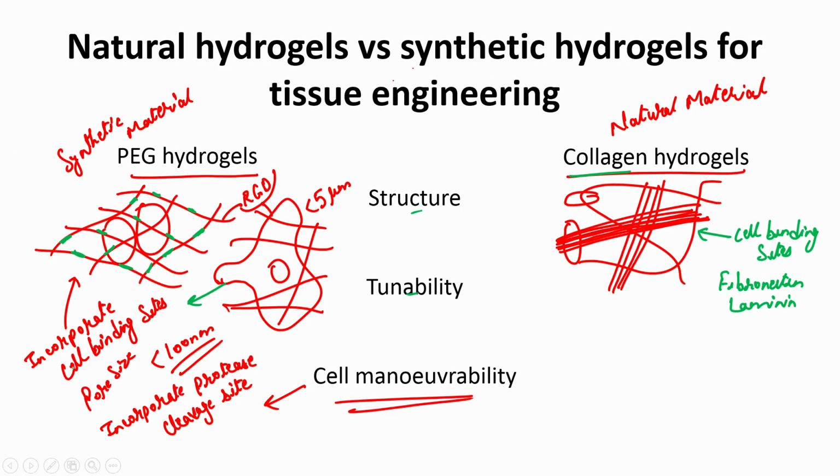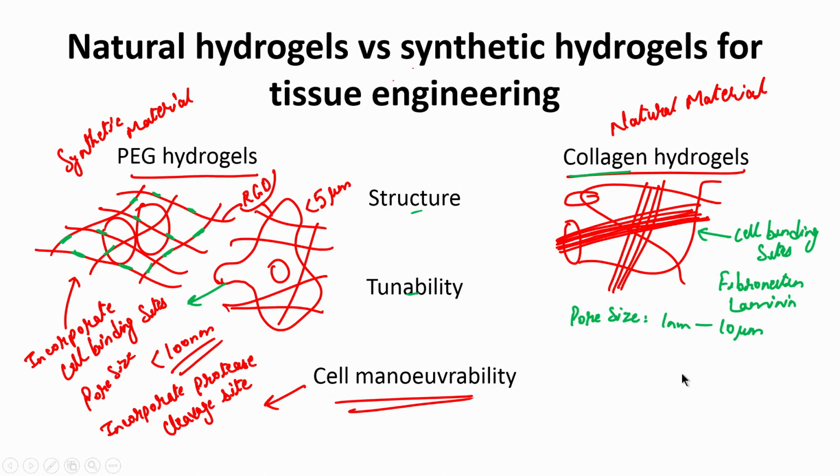What about the movement of the cell? Now, because these fibers have self assembled into big fibrils, the pore sizes are very different. What you will find is that typically the pore size in such a gel can be easily changed from, let us say, 1 nanometer all the way to tens of microns.